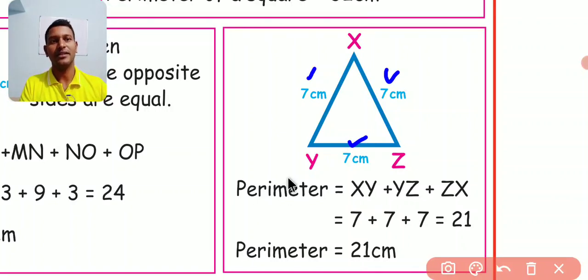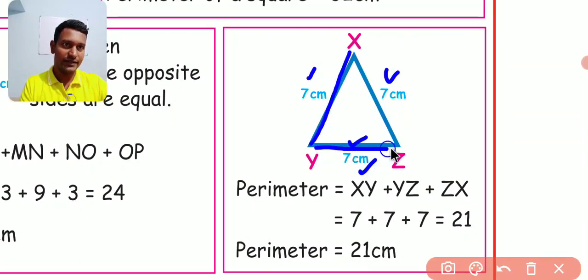Sum of all the sides, XY, YZ, ZX. We are adding three sides, each 7 centimeter.